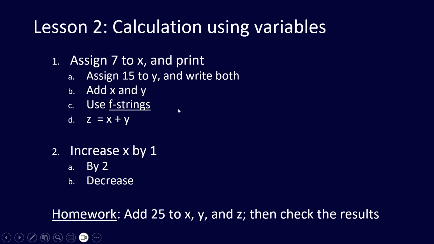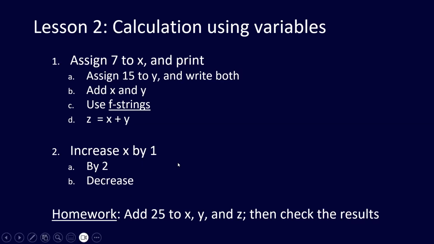We also learned how to use f-strings to mix variables and strings, and how to increase x by 1 with the plus equals operator, and decrement in the same way. The homework was to add 25 to x, y, and z, then check the results.